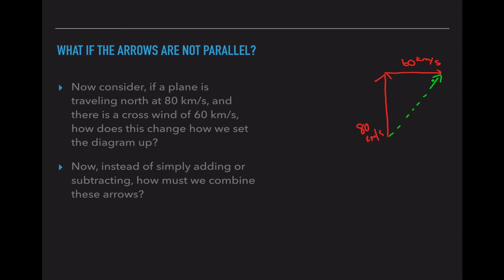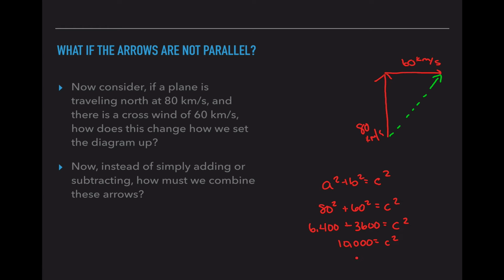In order to do this, we have to use Pythagorean theorem. So we know a squared plus b squared equals c squared. We know that we have a length of 80 and a length of 60. 80 squared is 6,400. 60 squared is 3,600. Our total is 10,000 equals c squared.